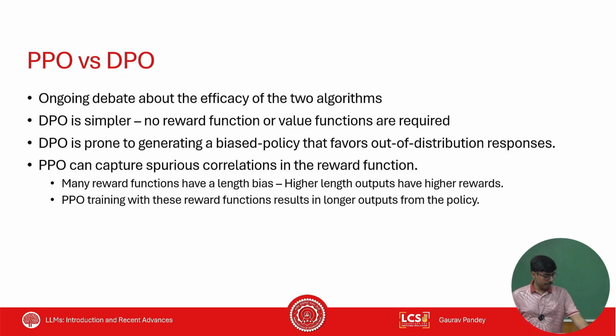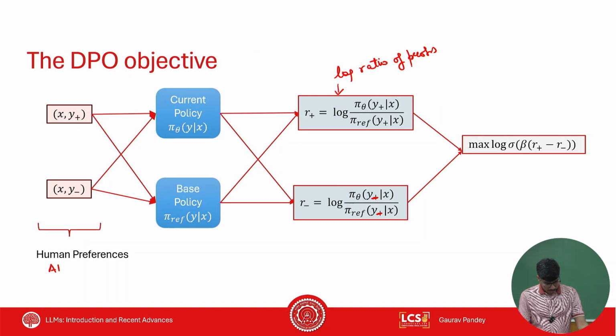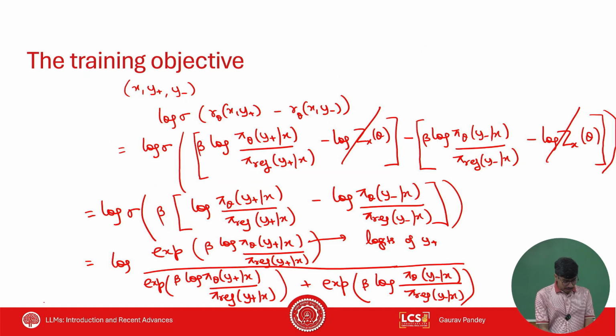If you look at, let's go back to the previous equation that we had. Yeah. So if you look at the denominator of the last expression, the denominator only has the positive and the negative output. It doesn't care about what the output distribution actually looks like. And why is this a problem? The model can actually make this quantity pi theta y minus to be 0.